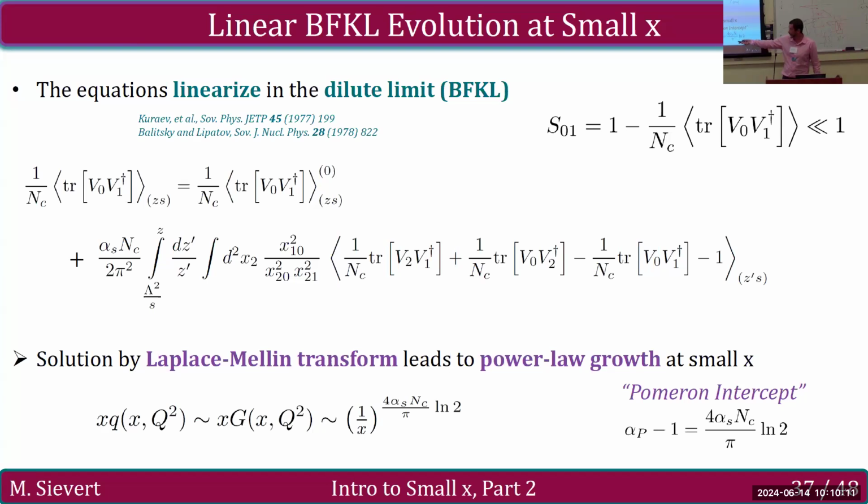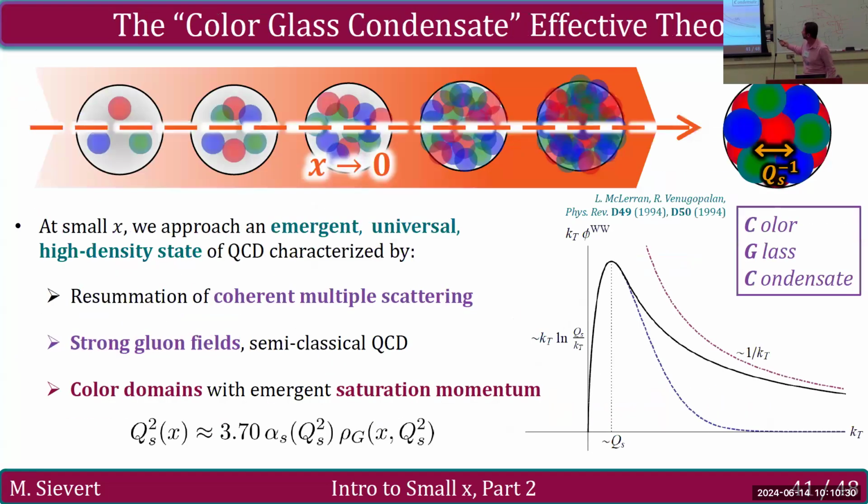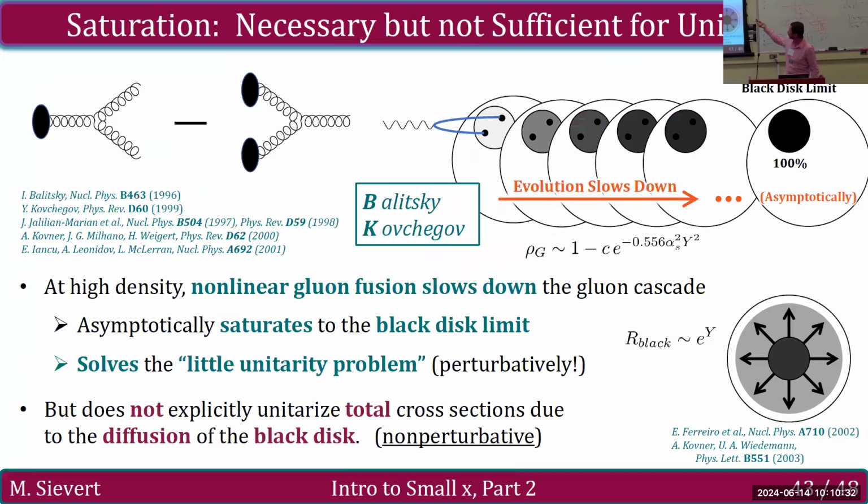You do get a power of 1 over x here, but the power that you get if you fit to proton-proton data is much larger than this. Sometimes people refer to it as the hard Pomeron and the soft Pomeron, or the perturbative Pomeron, versus something non-perturbative that mediates that energy dependence. But the important point is that we can learn something perturbatively about unitarization, but only so much.